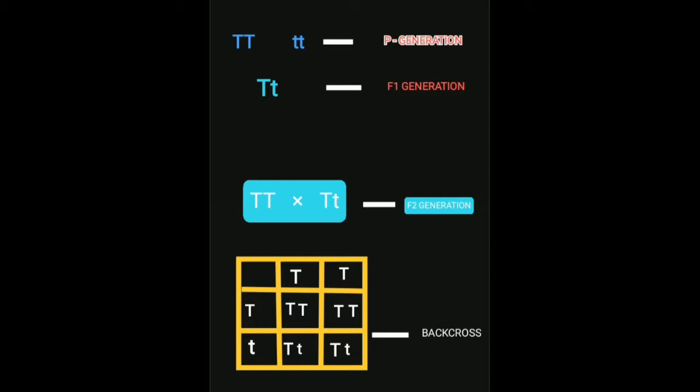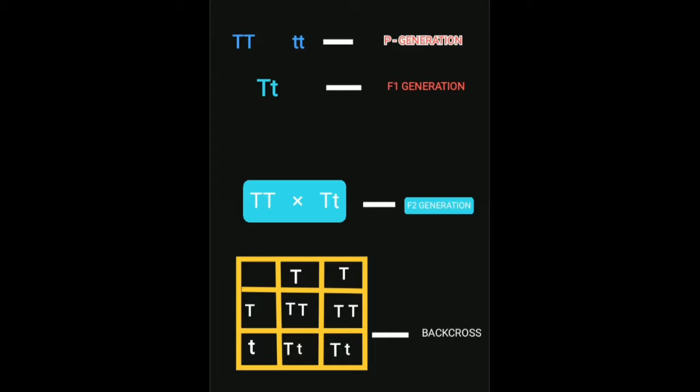Here I have backcrossed the heterozygous dominant F1 plant with the homozygous dominant, and after the backcrossing we get capital T, which is a tall plant, and capital T, which is also a tall plant, and two heterozygous dominant, which means they are present in an equal ratio after backcrossing.